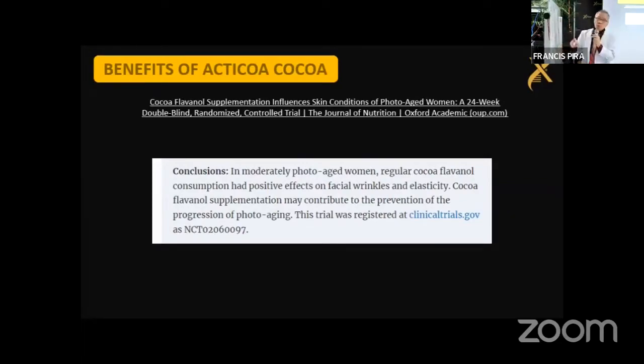So therefore, when you are exposed to sunlight, your body will produce free radicals naturally from water. So the water in your body will be converted to OH radical and another OH radical. OH plus another OH radical will become H2O2.